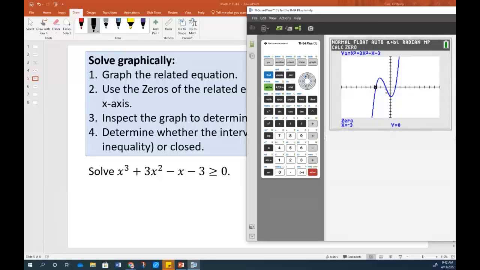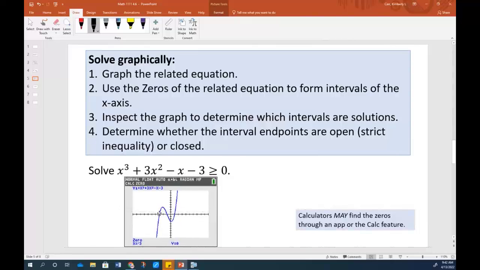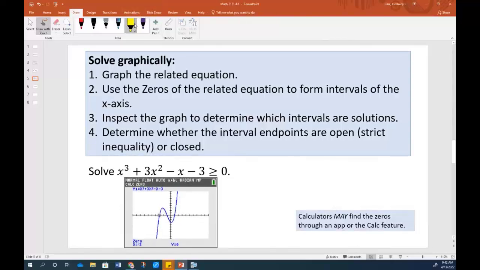So the solution that you're looking for is the part that is greater than 0. So I'm looking for this area because that's above the x-axis, and this area, that's above the x-axis. My solution goes from, and this one should be closed.